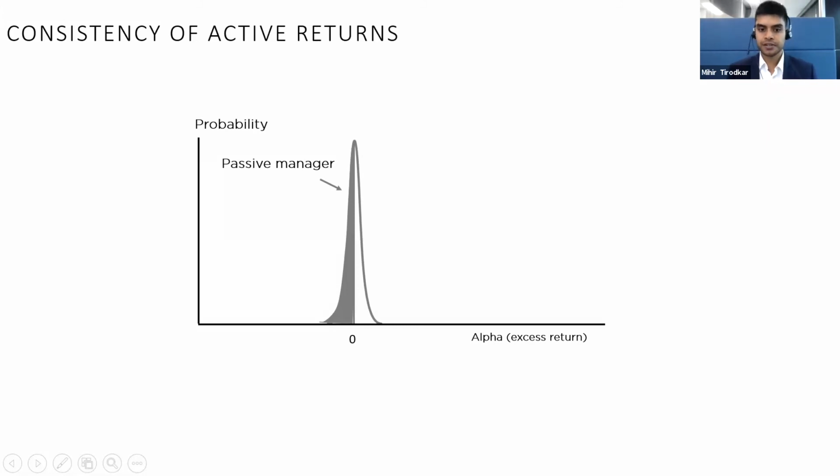A passive manager is expected to achieve zero alpha on average, meaning that they are never going to earn anything higher or lower than their benchmark. The reason there is a slight, very narrow distribution there is that sometimes there may be errors. Some passive managers don't perfectly replicate what their benchmark holds because it's quite costly to do so.